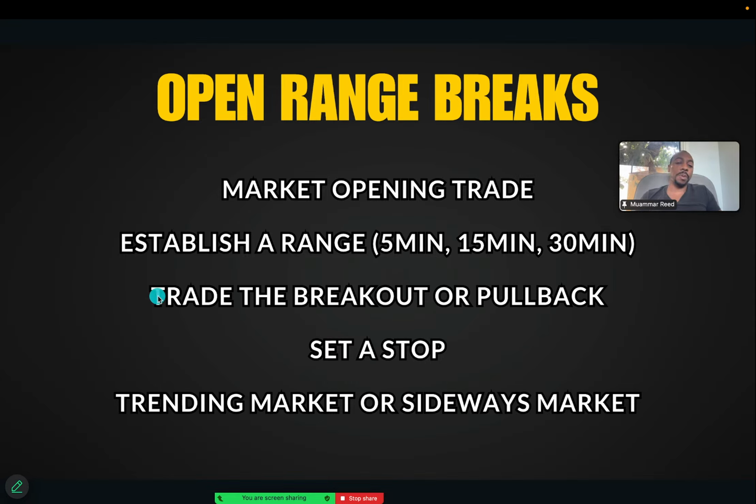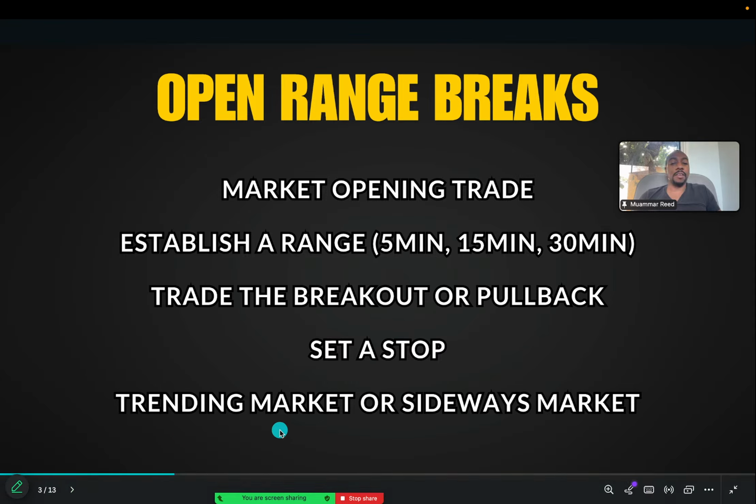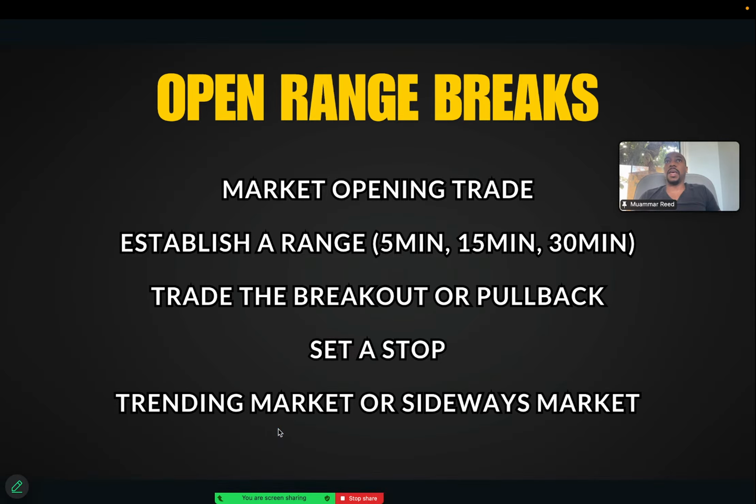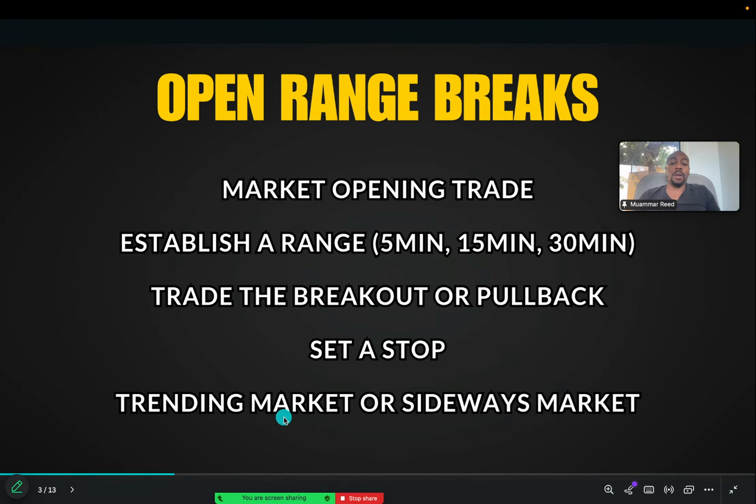The strategy would be to trade the breakout or the pullback to the breakout point. You always want to set a stop, ideally on the other side of the range, and then you still want to look to see if the market or the sector that you're in is trending, right? So if I'm trading Tesla, I'm probably going to be looking at Amazon and XLY.